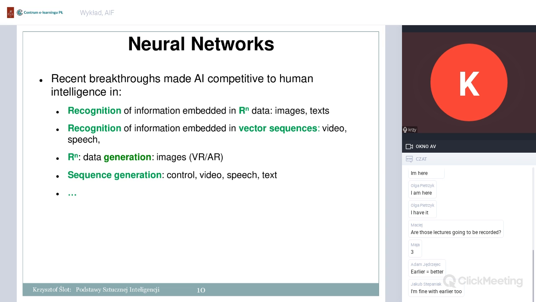You have virtual actors. You have the whole, right now flourishing, domain of the fake industry, fake images, fake videos. So all of these solutions are provided by different neural architectures.